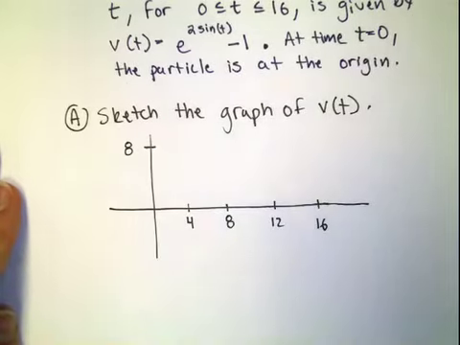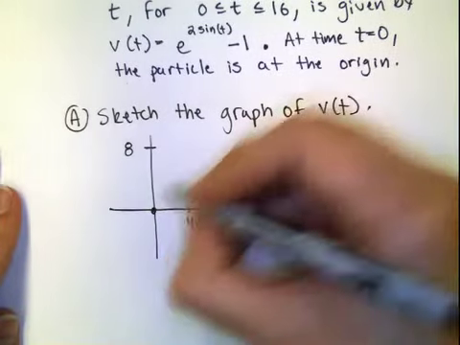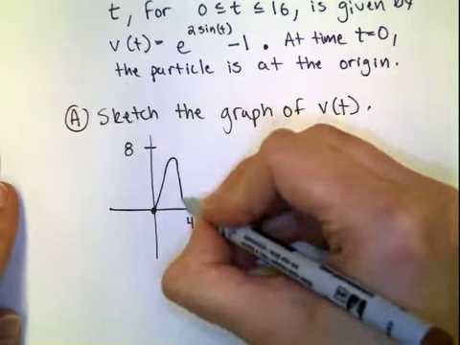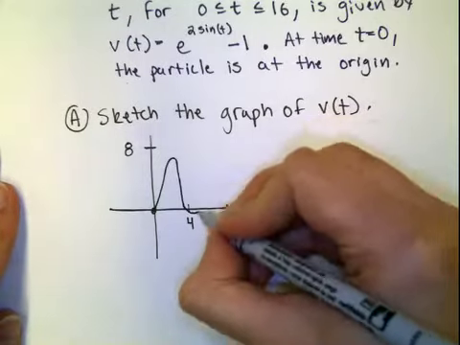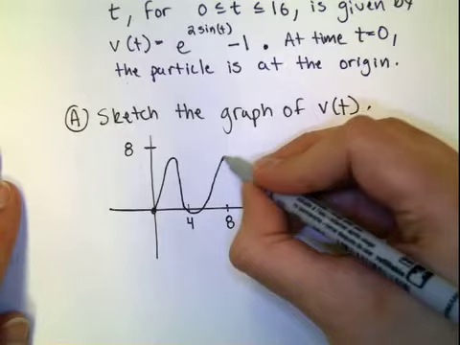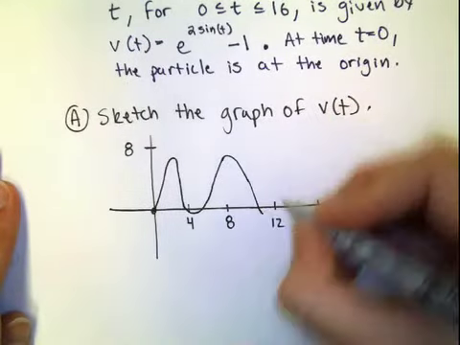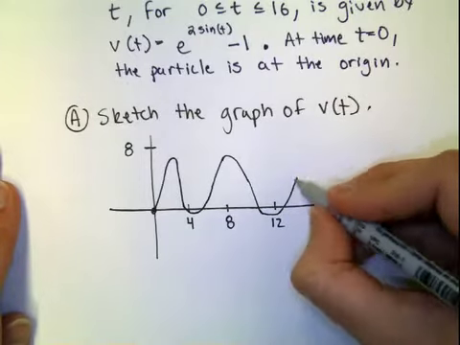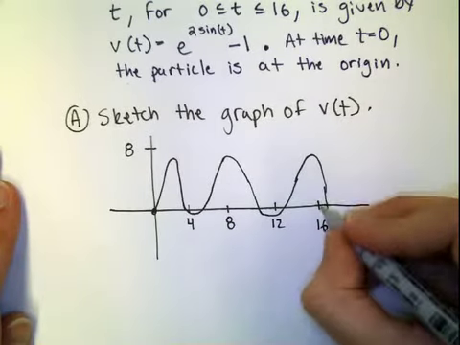So it looks like it starts at 0, goes up to its first peak, comes back down a little bit before 4, dips down, goes back up, dips back down, and goes back up, and dips back down right around 16.